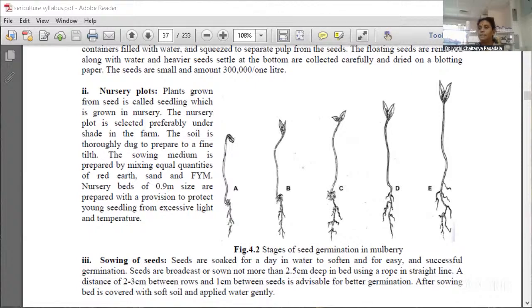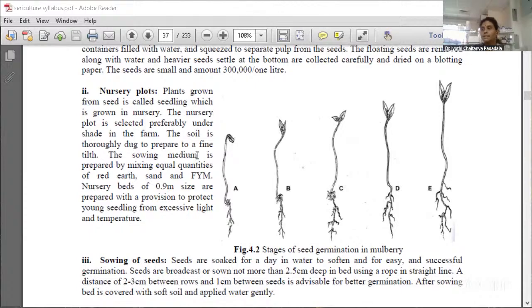Seedlings require proper nutrition for uniform growth. The seedlings of 3.5 to 5 centimeters height are picked from dense areas and planted in thin areas.